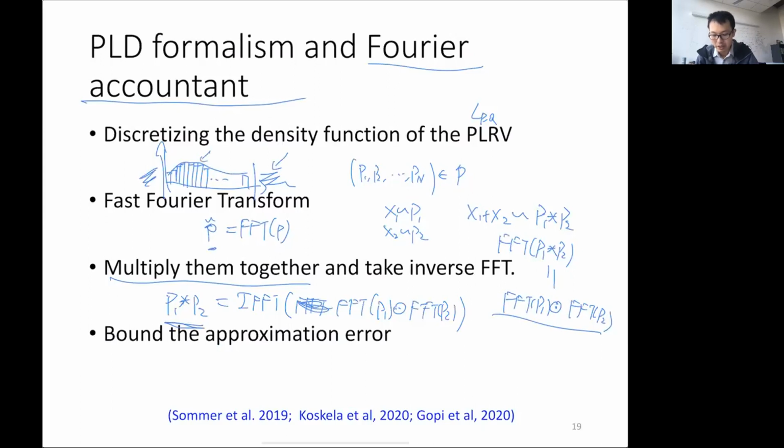So there are discretization errors and also truncation errors coming from this. By bounding all the errors together, you end up with a useful numerical algorithm for keeping track of the privacy loss random variables.